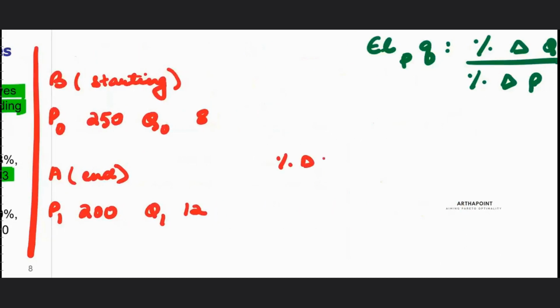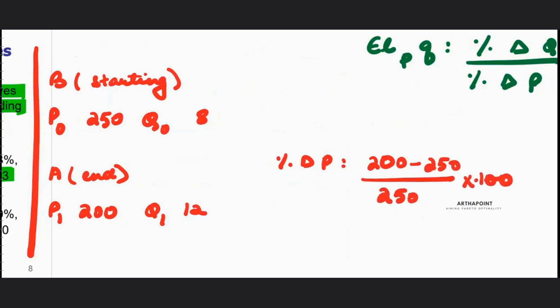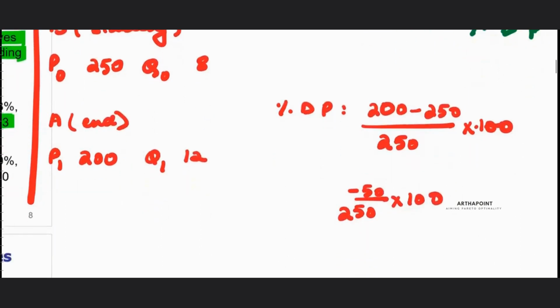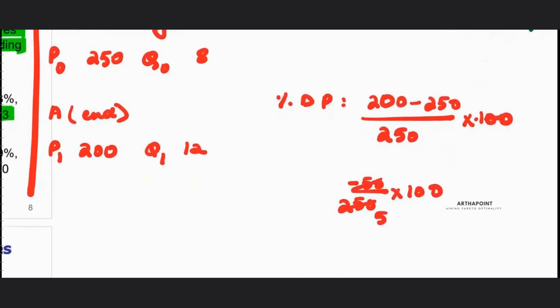The percentage change in price will be 200 minus 250 upon initial price 250 into 100. So minus 50 upon 250 into 100, which will be 5, so this will be minus 20.